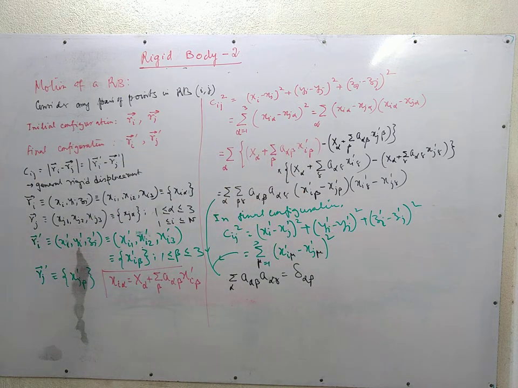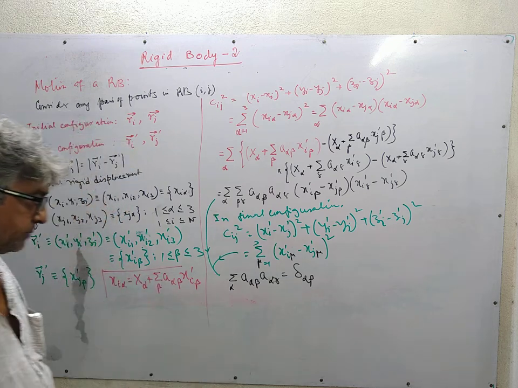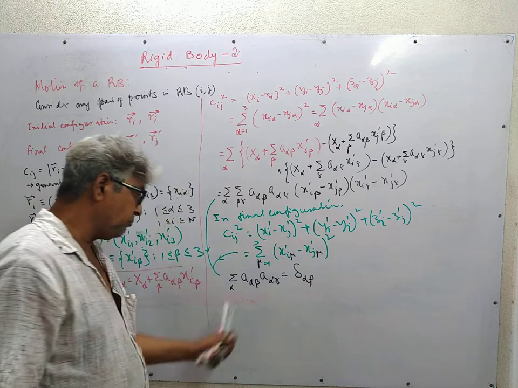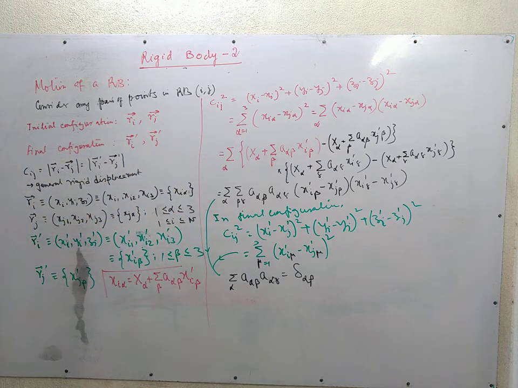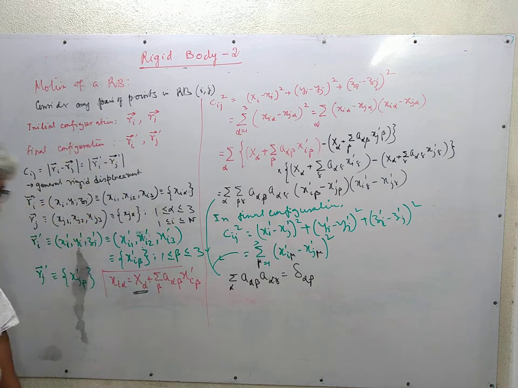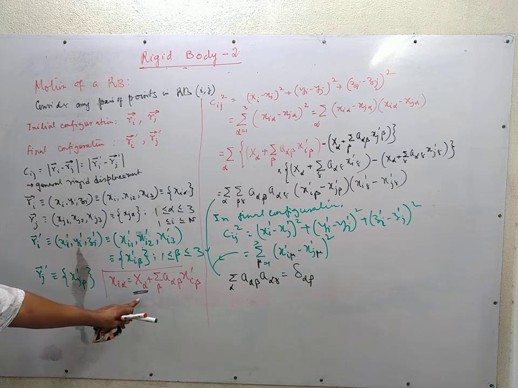So we see that for rigid displacement, the coordinate transformation must satisfy this relation. In the coordinate transformation, this is the same for all the particles. We have assumed this to be the same for all the particles, so it is the translation part.